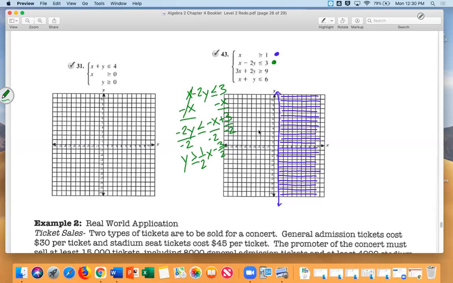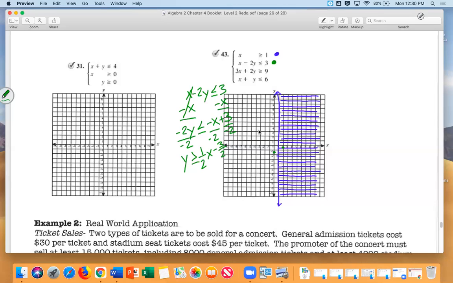All right, it didn't help me much more. I mean, it might have helped me a little bit. So here, I have the point negative 3/2. That's going to be between negative 1 and negative 2. That's going to be right there. And that says go up 1. So I go up 1 from there and to the right 2.